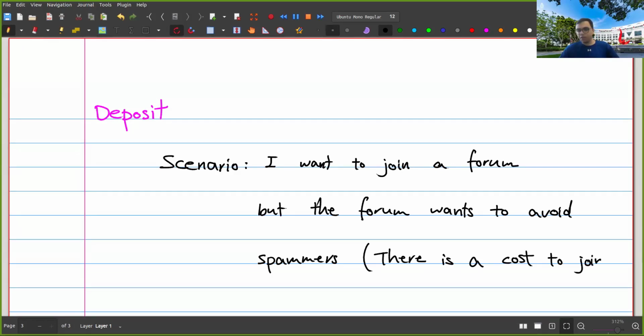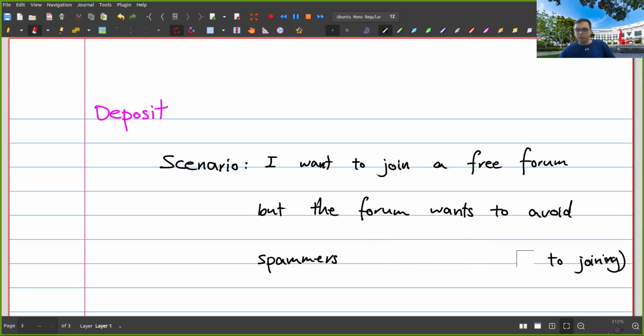Now, of course, they can just ask for a membership fee, right? They can say you have to pay us some money. But at the same time, imagine that I want this forum to be free. So no membership fees. I have a website. Anyone can come on this website and create an account. I don't want to charge them any membership fees.